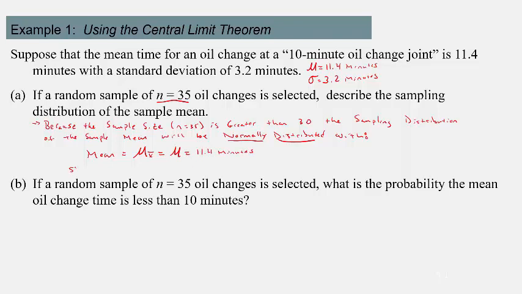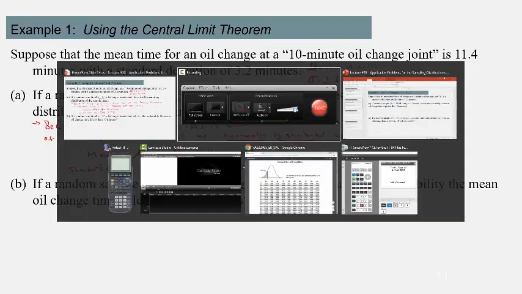and standard error, which we denoted as sigma sub x bar, and that's equal to the population standard deviation divided by the square root of n. So you would take 3.2 and divide it by the square root of 35. At this point, just grab a calculator.